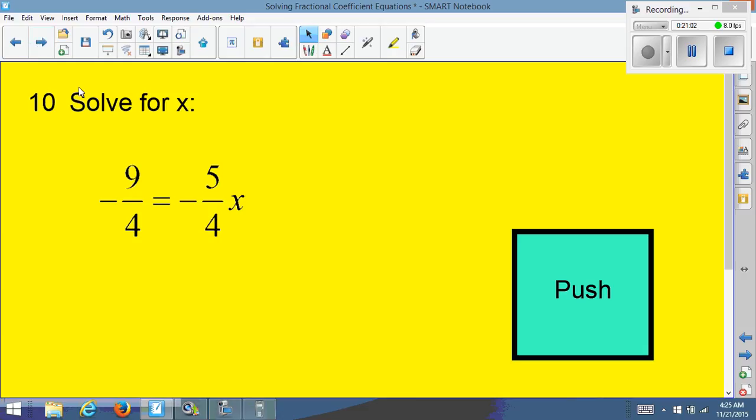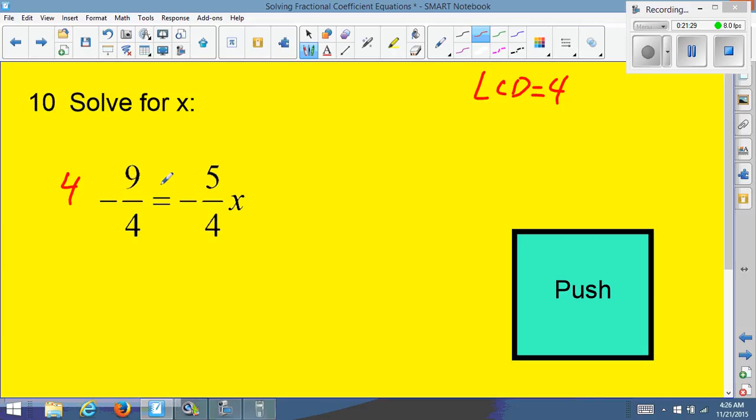Solve for x. Negative 9 over 4 equals negative 5 over 4x. Well, your LCD will be really easy to find because it's the same. So LCD is 4. So we just multiply this side by 4 and that side by 4.